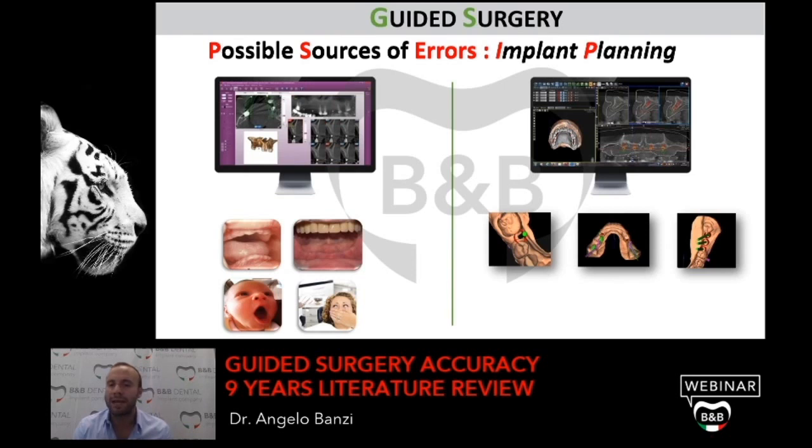But I'm going to explain it better. It's just a trick to avoid the sleeves being in the soft tissues.